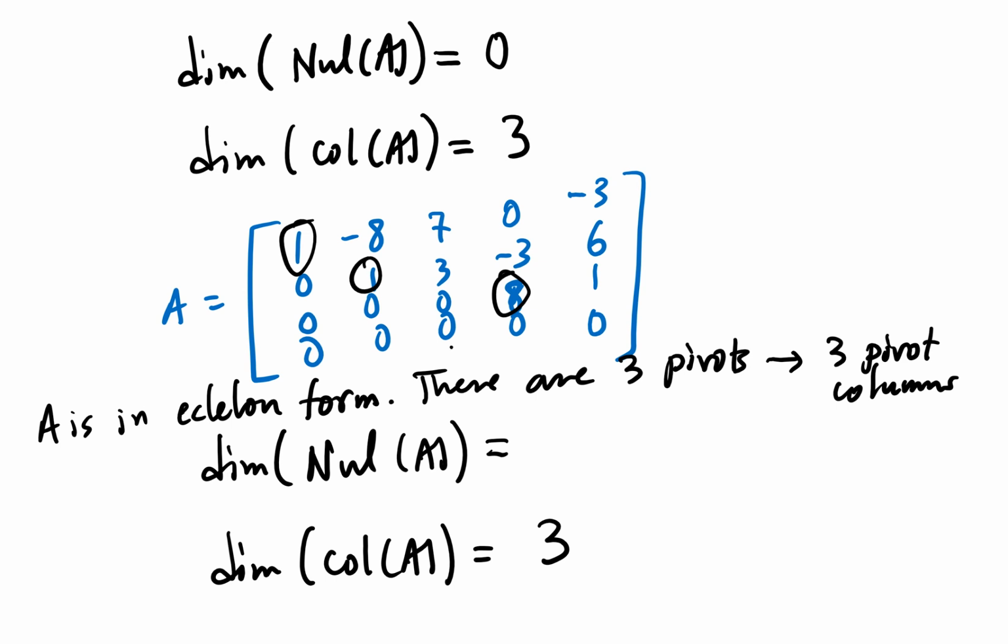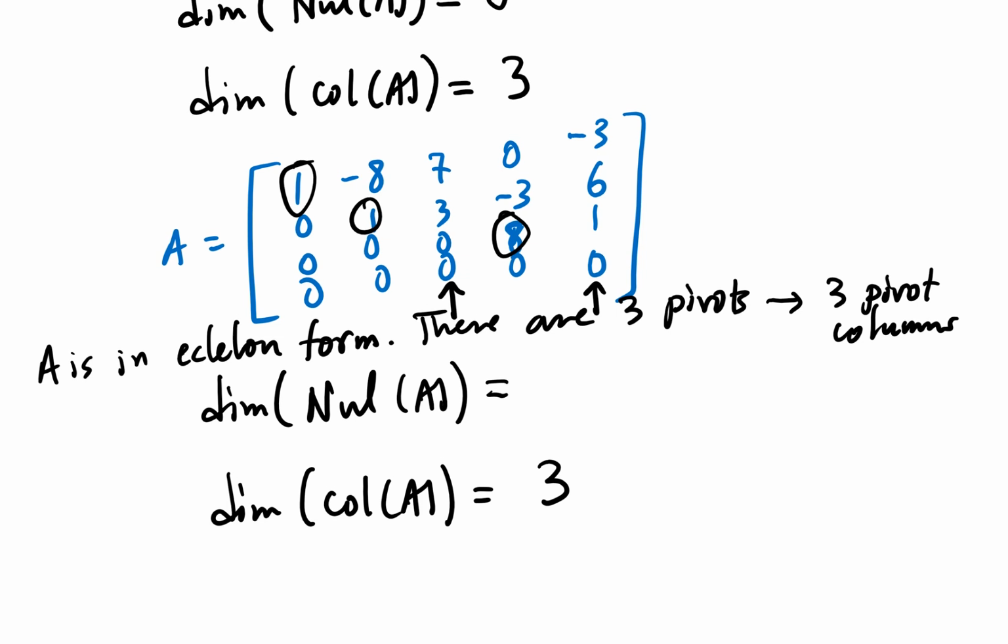Now these two, this one here and this one, they have free variables, right? So 2 columns with no pivots. So this means 2 free variables, means the dimension of the null space is 2. And notice if you add them up, 2 plus 3 is 5. And look, we have 5 vectors in A.